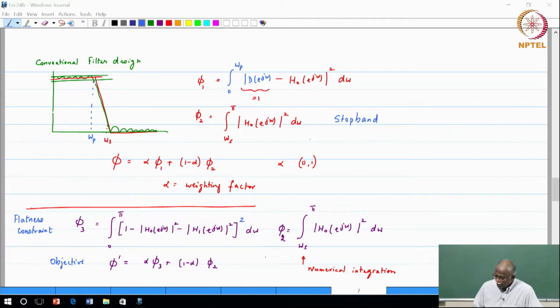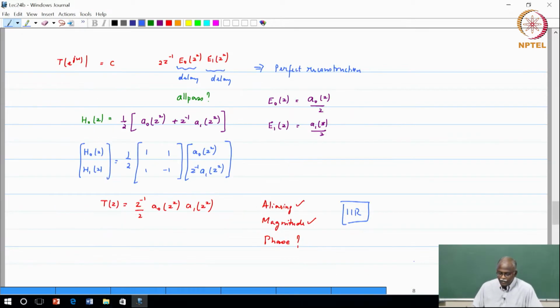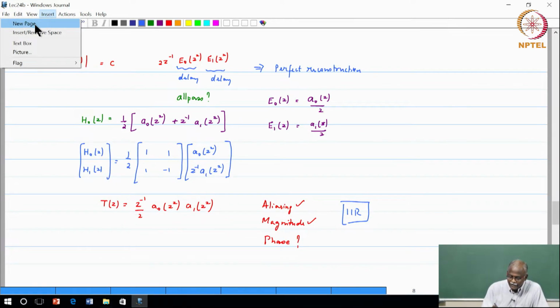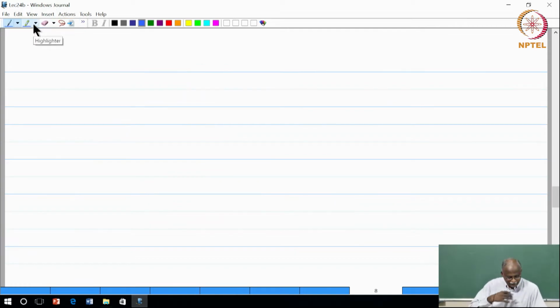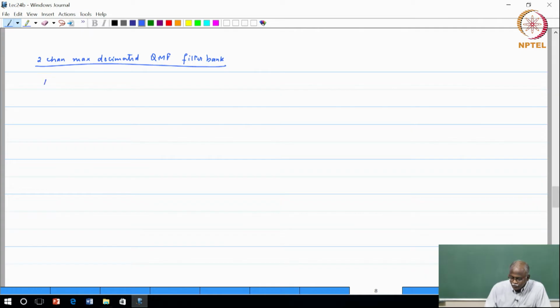So the problem statement, if I were to rewrite it afresh: the two channel maximally decimated QMF filter bank. We have come to the stage of designing the filters, so we will apply the aliasing cancellation constraint and the QMF constraint.